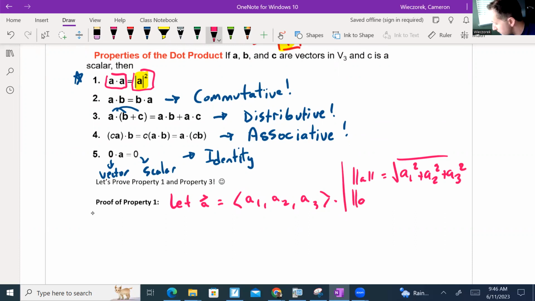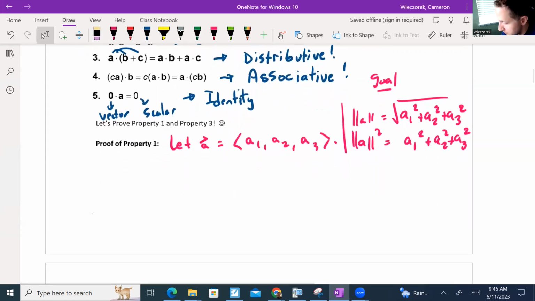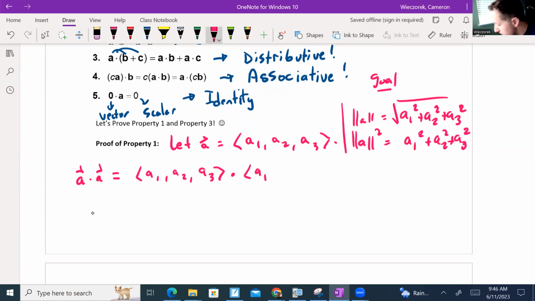So if I square that, my goal is I want A1 squared plus A2 squared plus A3 squared to appear. It looks like a sum of products, so it's probably going to be easier for me to start with the dot product. So I'm going to compute A dot A. That would be A1, A2, A3 dotted with A1, A2, A3.